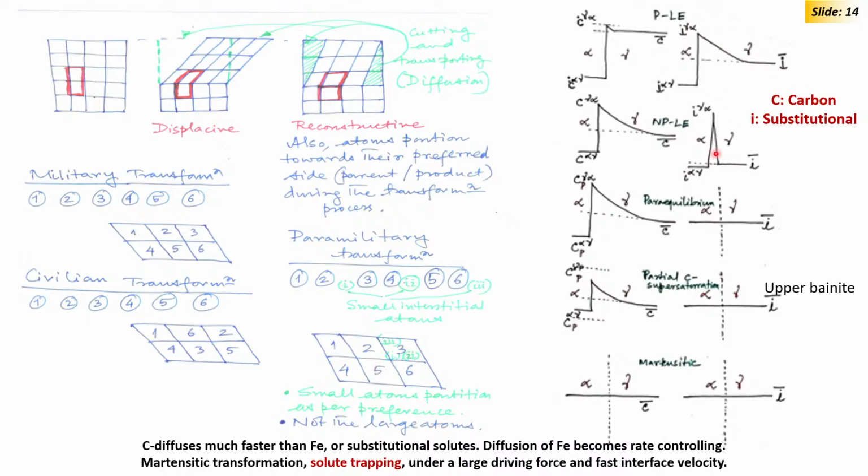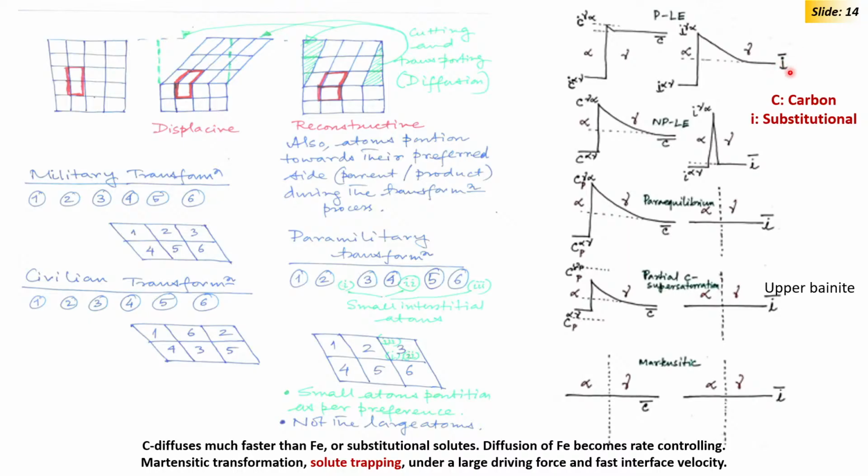Now, this is the compositional profile at the interface. These straight vertical lines indicate the interface. So, there can be different types of transformation. For example, in the top one we see carbon is almost fully partitioning; the right side is austenite, the left side is ferrite. Substitutional element is also fully partitioning.